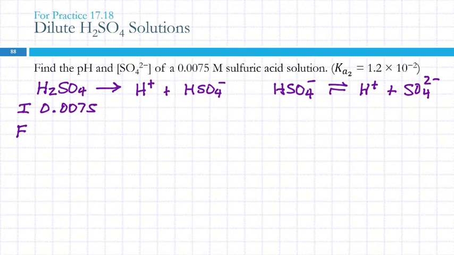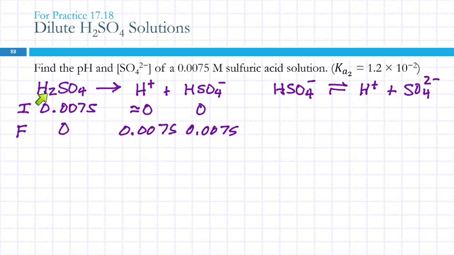After it finishes, what's the hydrogen ion concentration going to be? 0.0075. And this is going to be 0, and this is also going to be 0.0075. There's other ways to think about it, but does everybody understand that okay?